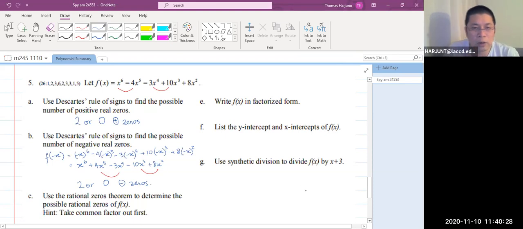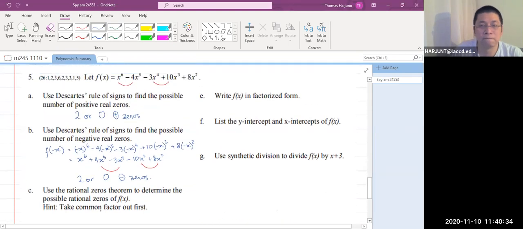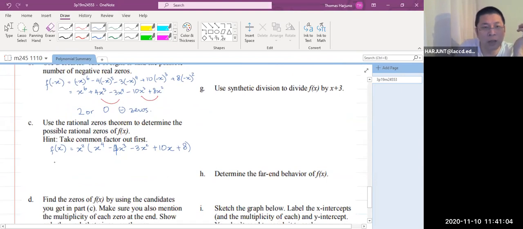Use the rational zero theorem to determine the possible rational zeros. And there's a hint there: take the common factor out first. So you see that f of x has a common factor of x squared. Let me take that x squared out. So I get x to the fourth minus 4x cubed minus 3x squared plus 10x plus 8. So x equals 0 is a zero, and that's a rational number.